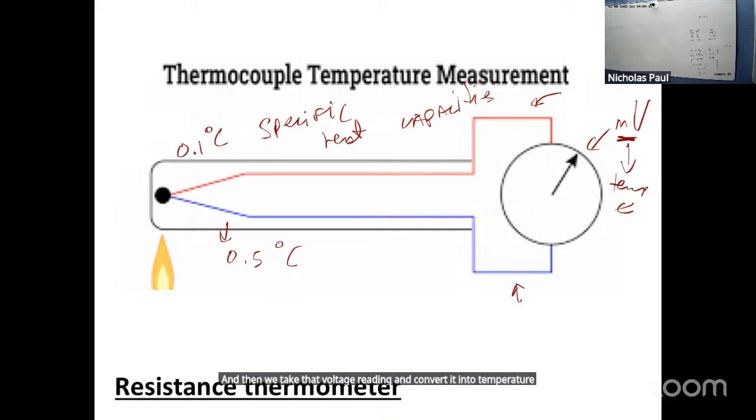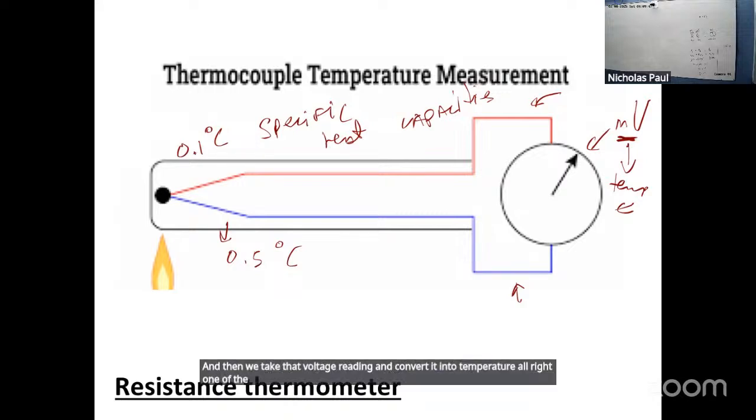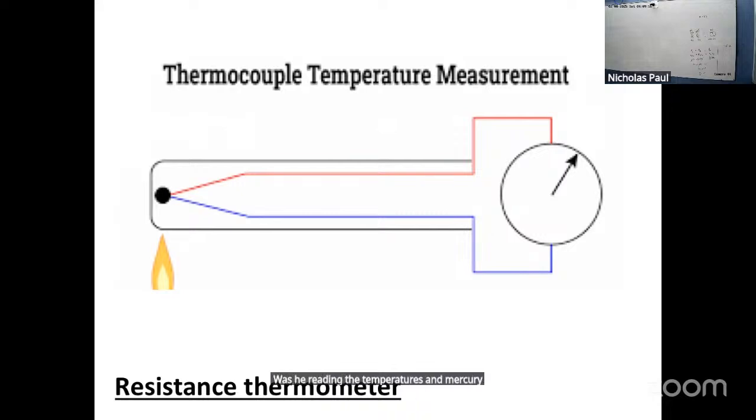One use of the thermocouple is that it could read a wide range of temperatures. What's the range of temperatures a mercury in glass thermometer could read? 0 to 100, right? But a thermocouple could reach much lower and much higher.